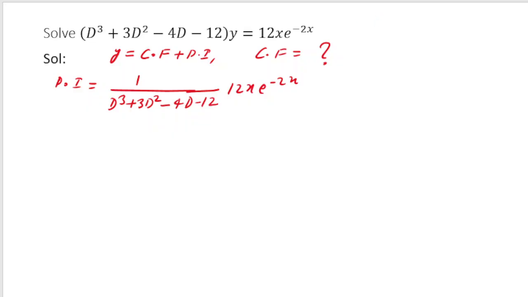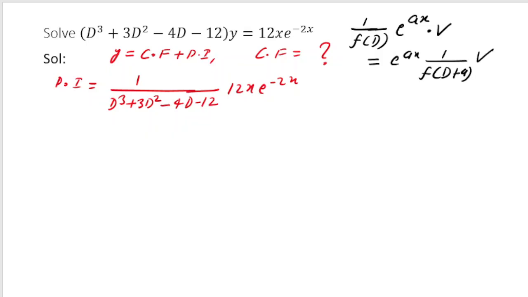Which result I have to use? First let me write the result here so that you can see the results together and understand it better. So I told you that if I operate 1 by f(D) on e to the power ax into v, this becomes e to the power ax and 1 by f(D plus a), and that we need to operate on v.